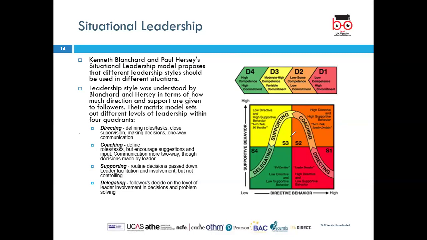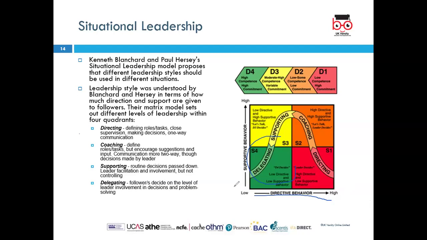Yeah. So if you see, if you go from this way to this way in this direction, it leads you to having a low level of directive behavior. You have a higher level of direction here where you're directing. So instead of delegating your tasks, you're more focused on being more authoritative.